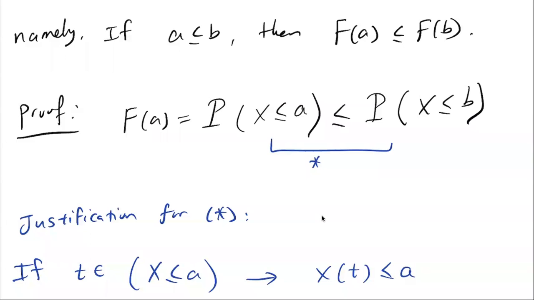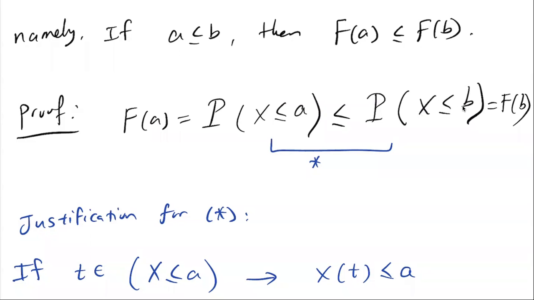And once we prove this, well, capital F of A is probability X less than or equal to A, which is less than this. And probability X less than or equal to B is the same as capital F of B. Please remember that capital F of t for any t was probability X less than or equal to t.